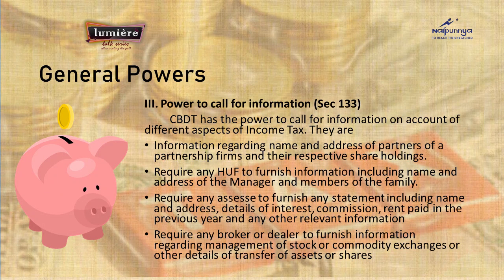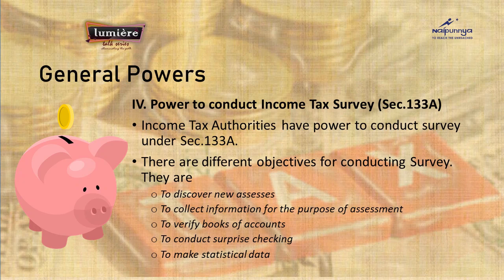So the authorities have the power to call for information which may be related to a partnership firm or an HUF, or a broker or dealer, they can demand information.